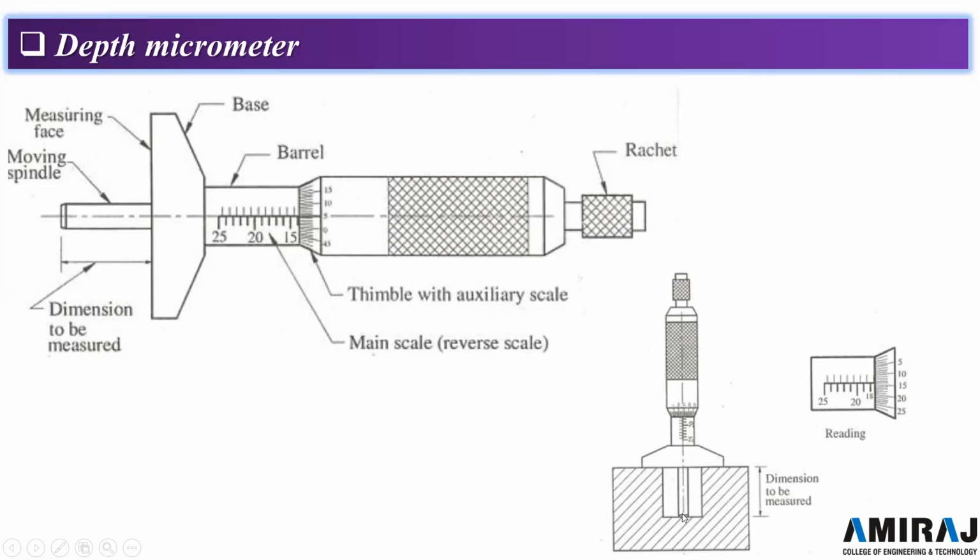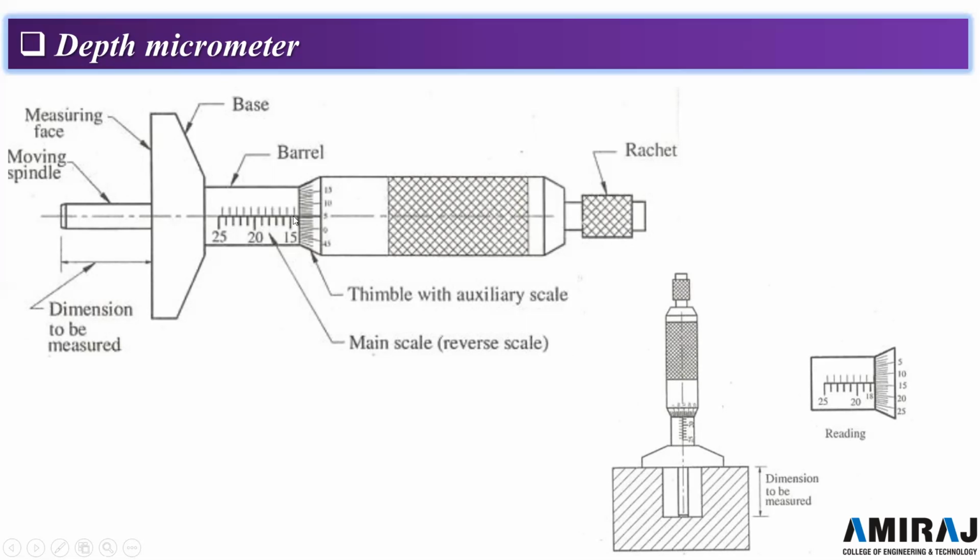Now for the depth we are supposed to measure, here you can see how the depth micrometer is inserted in the hole in which we want to measure the depth, and the main scale reading and auxiliary reading or thimble reading is taken.